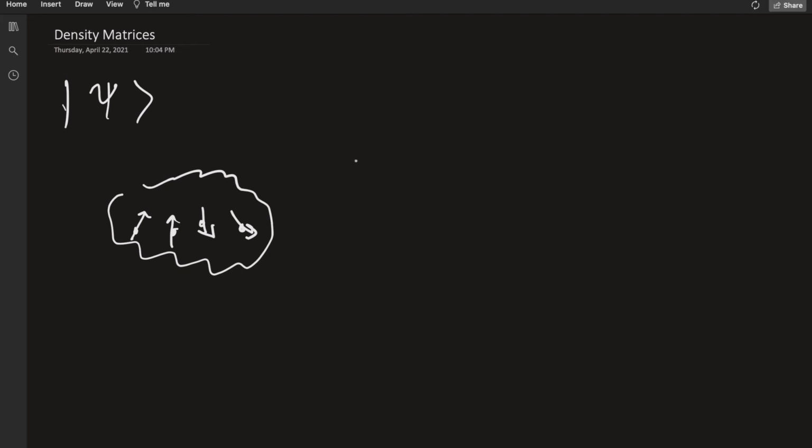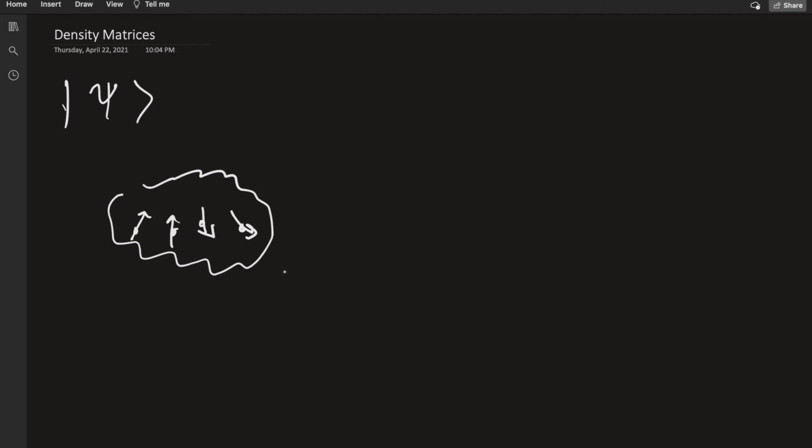We can then introduce the density matrix, and you can think of analogous ideas to mass or to electricity. All these are basically the same thing. But here, density is not density of mass. It's not the density of charge. It's not the density of current. It's not any of that.